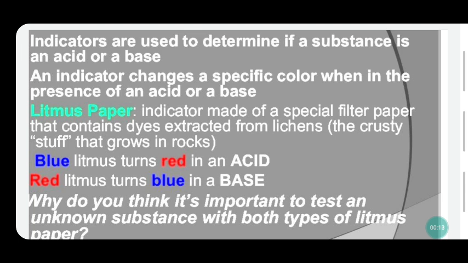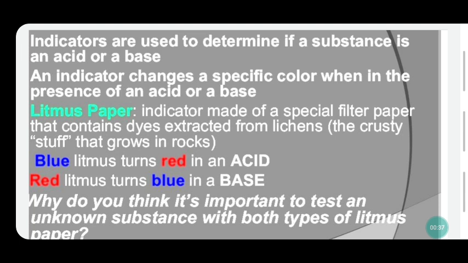Good morning. Now we'll discuss what an indicator is, the different types, and also the chemical properties of acids. Indicators indicate the presence of an acid or a base.